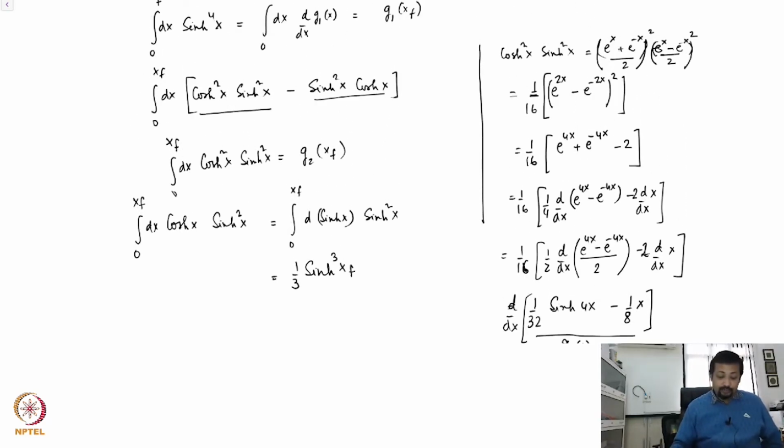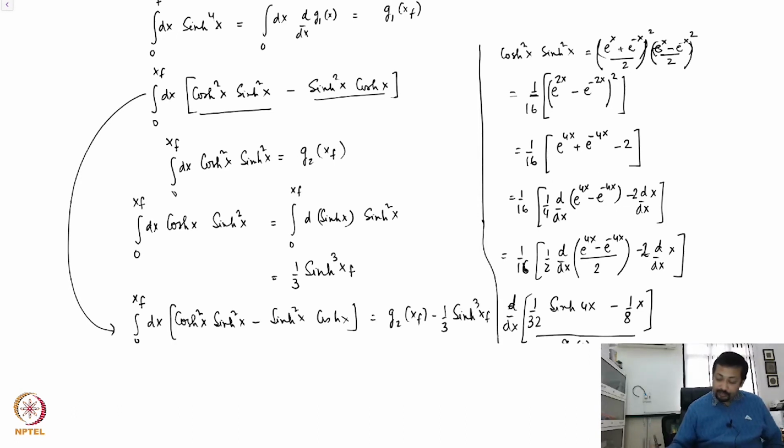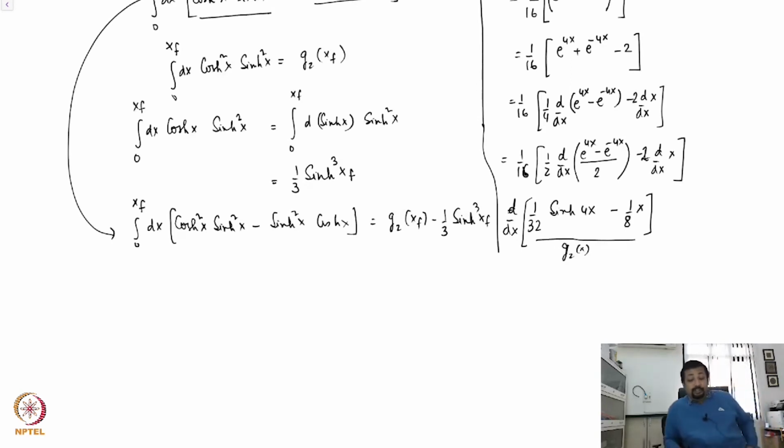So this integral then evaluates to 0 to xf dx cos square x sine square x minus sine square x cos x, which is going to be g2 of xf minus 1/3 sine hyperbolic cube of xf. That is the final answer.